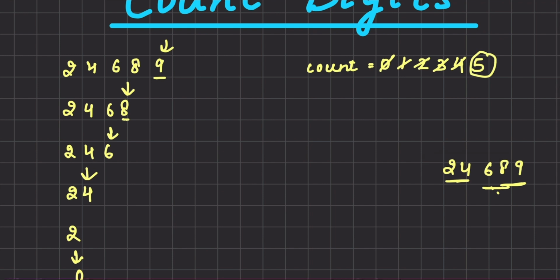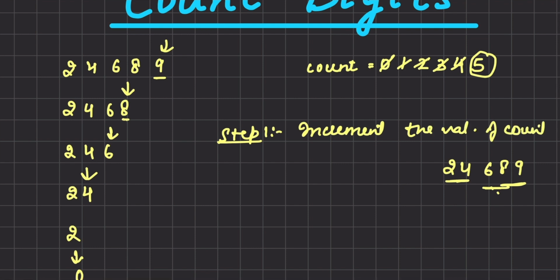So what are the steps that we are taking? The first step is that you are incrementing the value of count, right? You are incrementing the value of count. So step number 1: increment the value of count. Once you have incremented, what are you doing?